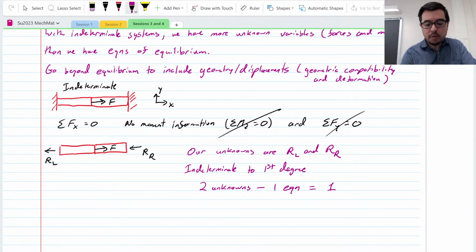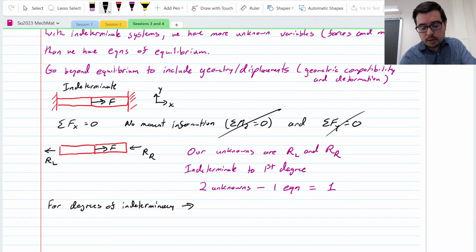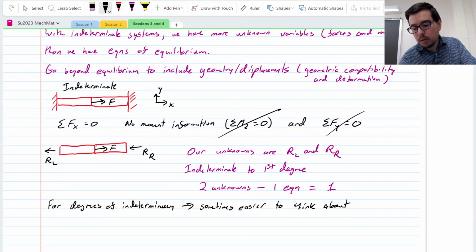So usually, if you're thinking about degrees of indeterminacy, it's sometimes easier to think about how many constraints need to be removed.